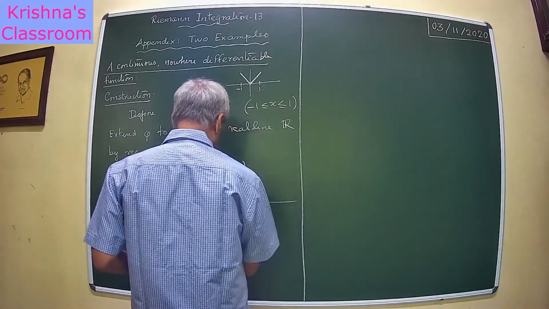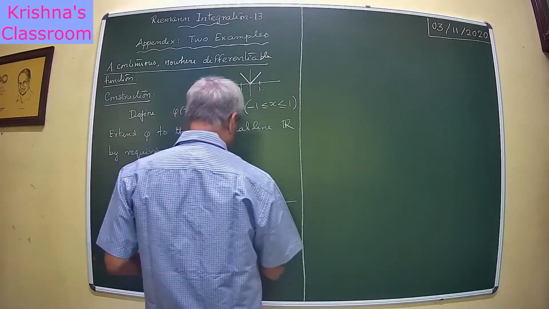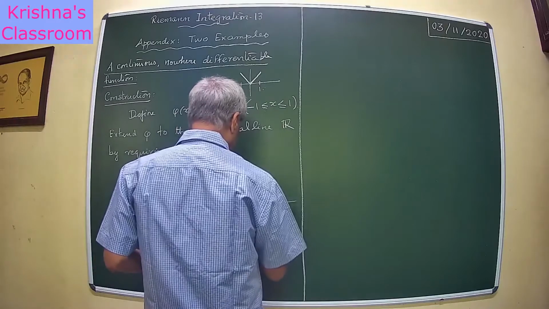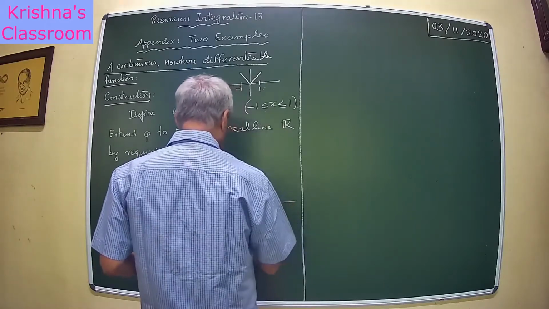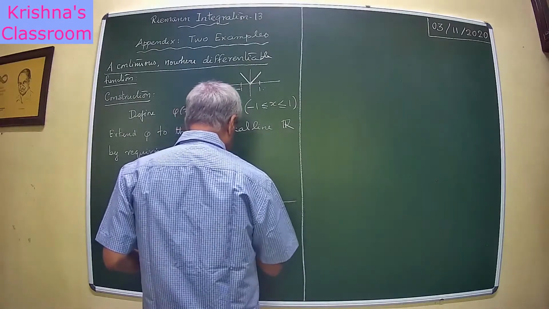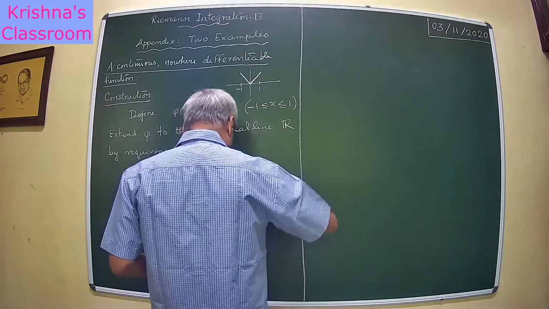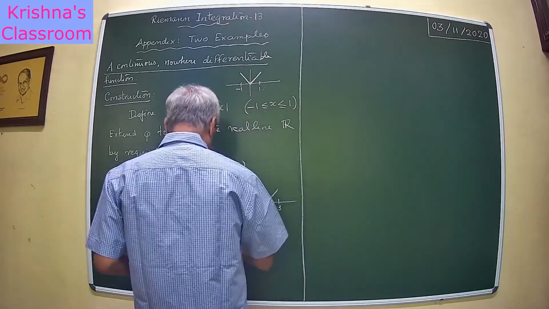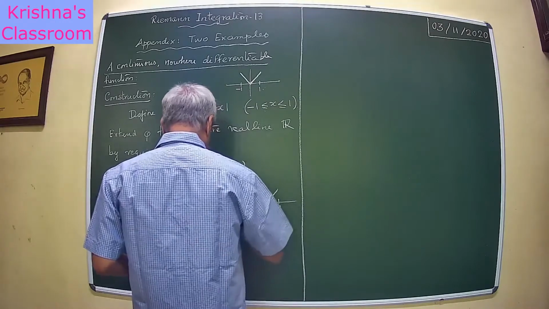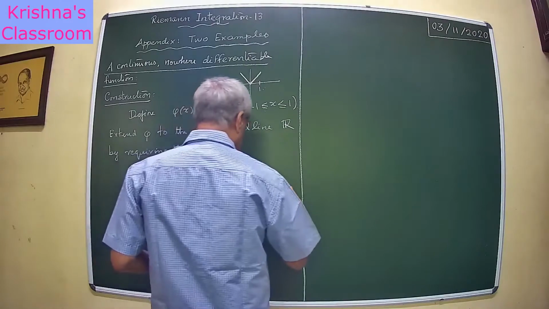-1, -2, -3 and so on. 1, 2, 3 and so on. You have the function defined like this. And then you have it defined like this. Then you have it defined like this, and so on.